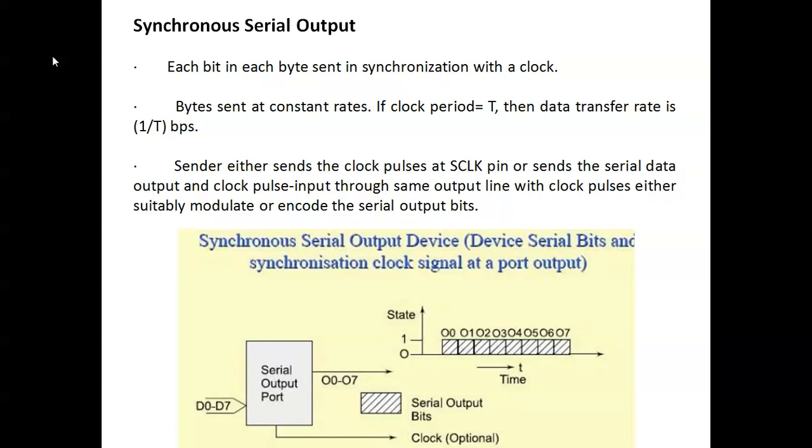So this is a serial output port, synchronous serial output. O is represented as output: O0, O1, O2, O3 up to O7. So this packet of bits comes from the serial output port. With respect to the clock signal, the output bit comes from the CPU or any other device to the peripheral device. The clock period is T, so the data transfer rate is considered as 1 by T.